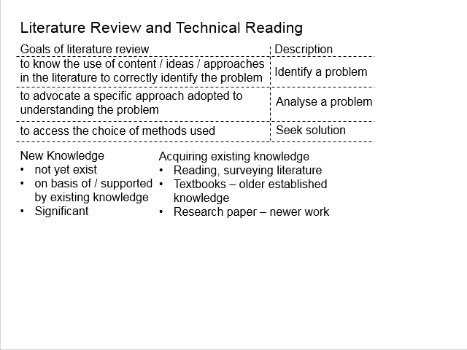While if you are looking for more established knowledge, which lays the fundamentals of a particular topic, a textbook can be a good reference. Depending on the purpose of the review, you will need to make good use of all the references for the existing knowledge wisely.